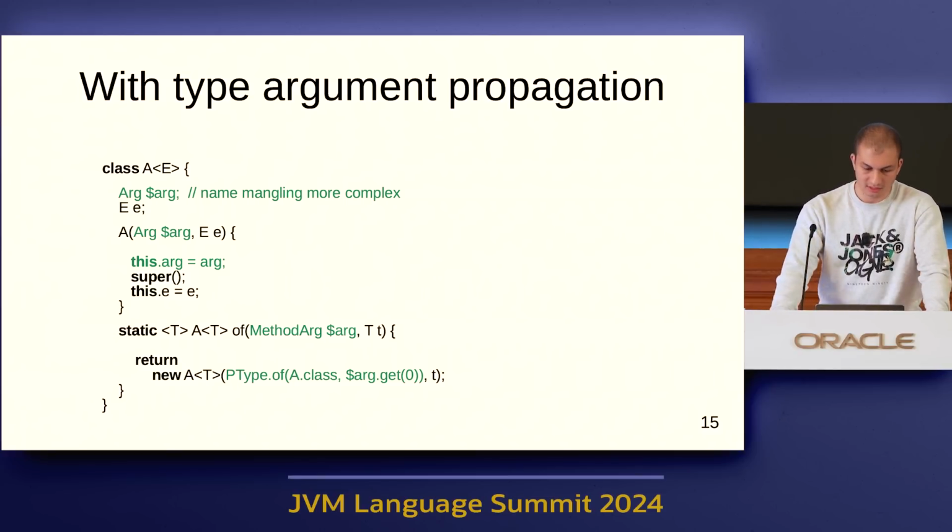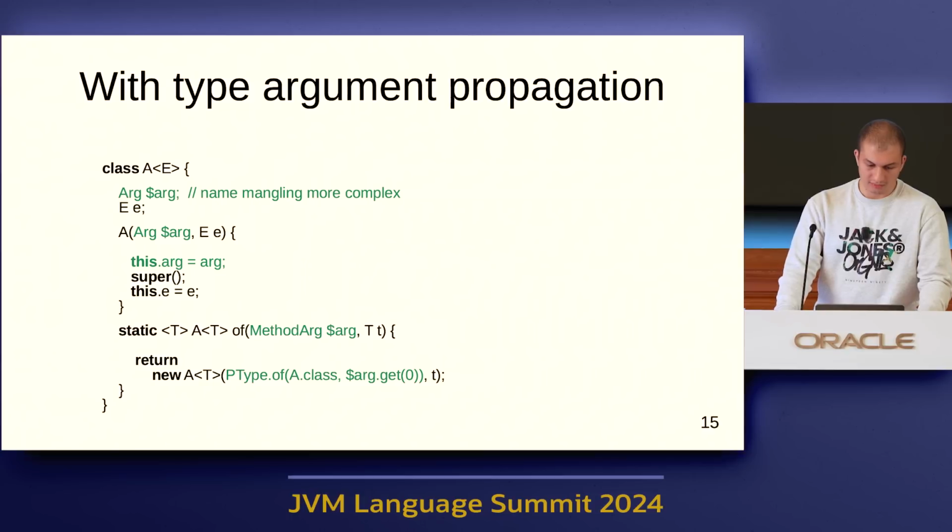You can note that the setting of the field is done before calling the super constructor, because we want to be sure that all the arg fields are set before any subsequent call. That's why we do the initialization before the super call.